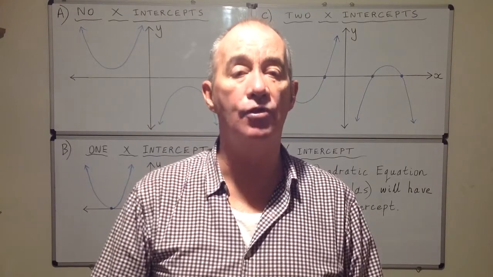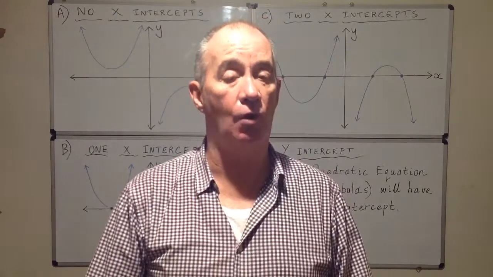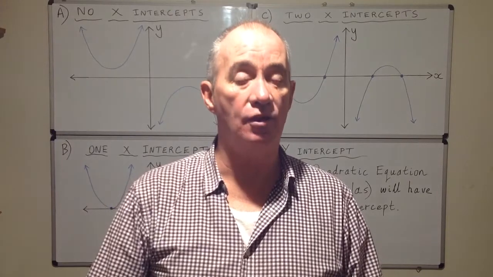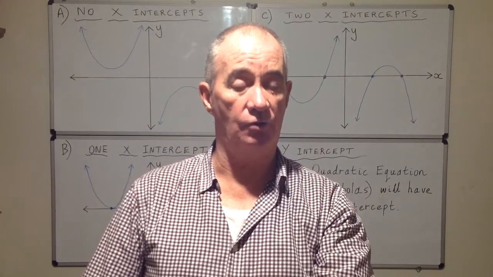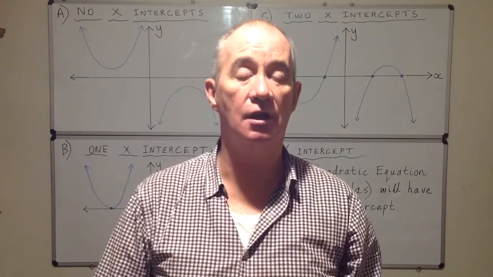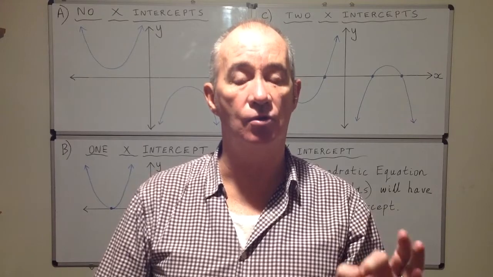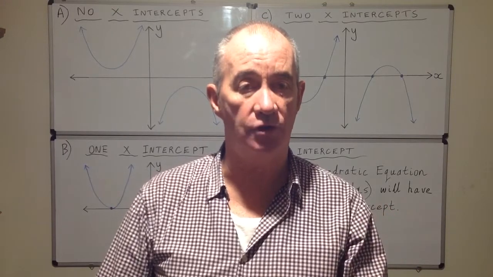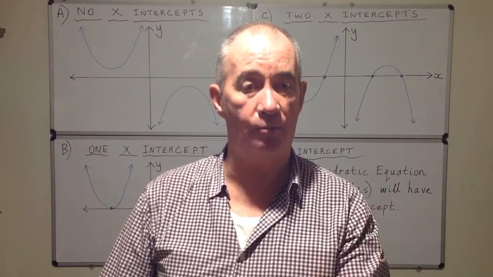Now, what about the y-intercept? The y-intercept for the graph of an equation is the value or values where the graph cuts through the vertical axis, the y-axis. Now, for quadratic equation graphs, every single possible quadratic equation graph that you can draw will cut through the y-axis at just one point.